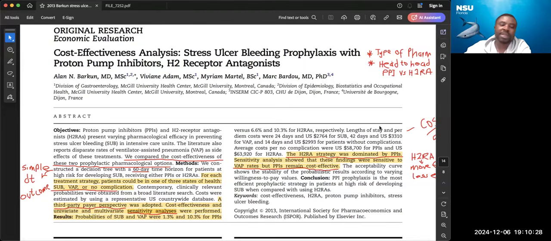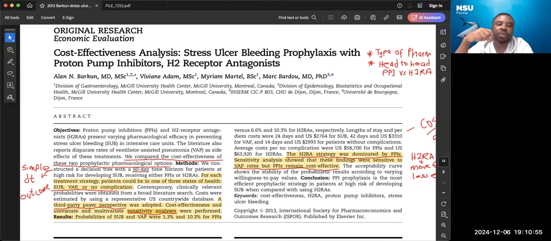So the answer to the question I asked, what is the difference between cost effectiveness and cost minimization analysis? They all measure clinical outcomes. The cost is the same, but the clinical outcome is the difference. In cost effectiveness analysis, the clinical outcome should not be the same, but in cost minimization, the clinical outcomes are the same.